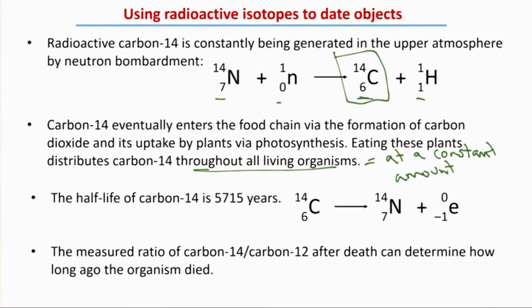You're breathing in, you're letting it out, carbon's coming and going, so it stays relatively the same when you're alive. However, once you are dead, you are not taking in any more carbon. So all that carbon-14 that was in your body will start to decay and no more is coming in.